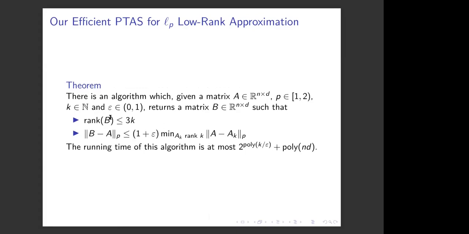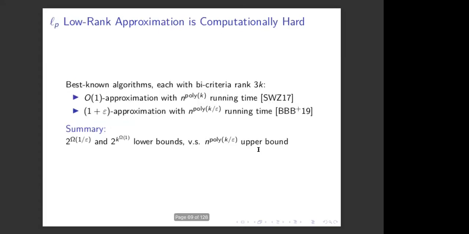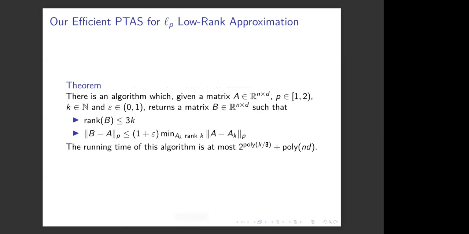We show that, again, we can get bicriteria rank 3k and a 1 plus epsilon approximation. But now the running time is 2 to the poly k over epsilon plus poly nd. So here it's finally FPT. Here, if k is slightly larger than constant, it's not polynomial time, whereas here now, if k is slightly larger than constant, then it is polynomial time, for example if k is log to some constant power.